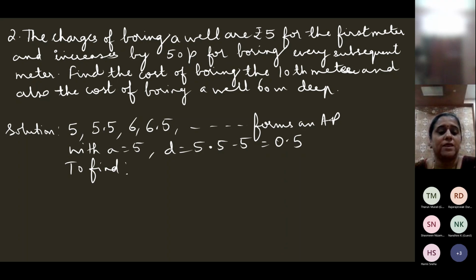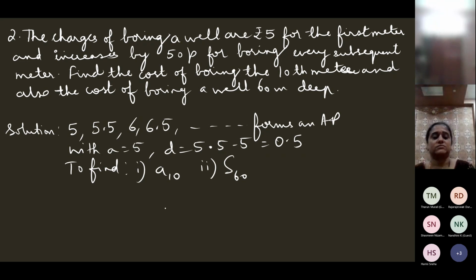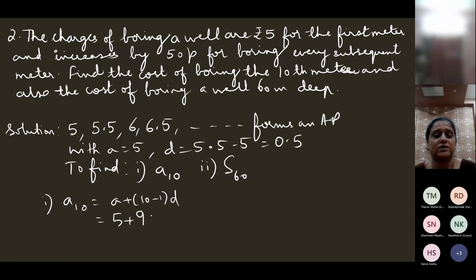So to find A10 and S60. A10 is equal to A plus 10 minus 1 into D. A is 5, plus 9 into D, 0.5. 5 plus 4.5, which is rupees 9.5.